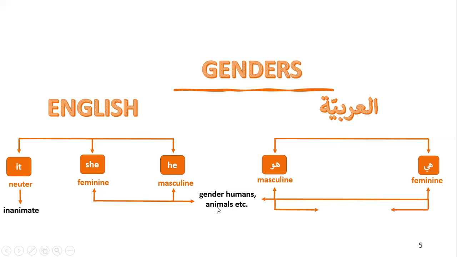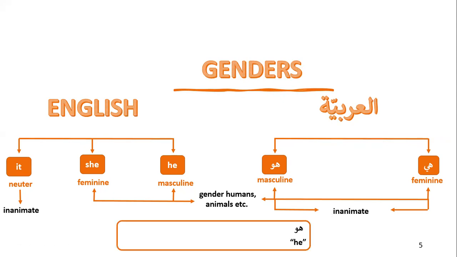But in Arabic, hiya and huwa are also used for inanimate objects. Basically, in English we have it, and in Arabic we have hiya and huwa for it, and that depends upon certain rules. How do you refer to them with these pronouns?